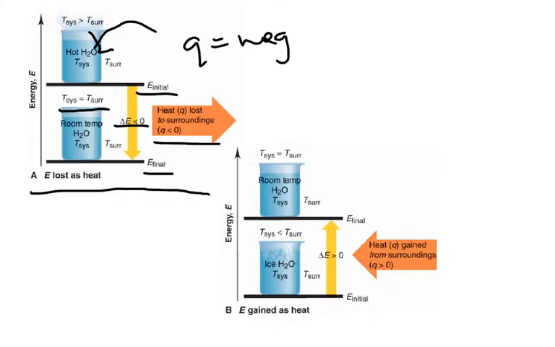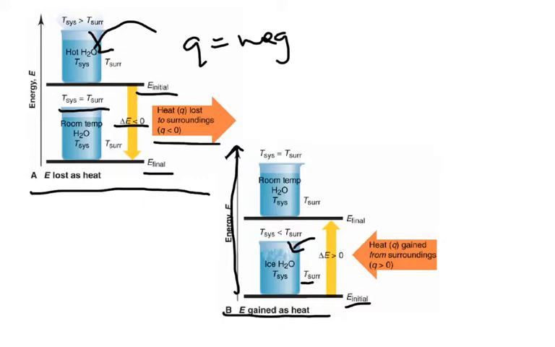Let's look at an example where Q would be positive. So if we have energy gained as heat in B, again, we have increasing energy on the y-axis. So initially we have a cup of ice water. And in this scenario, the temperature of the system is less than the temperature of the surroundings, so the ice water is colder than room temperature.